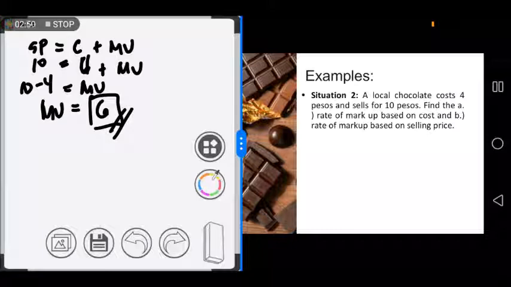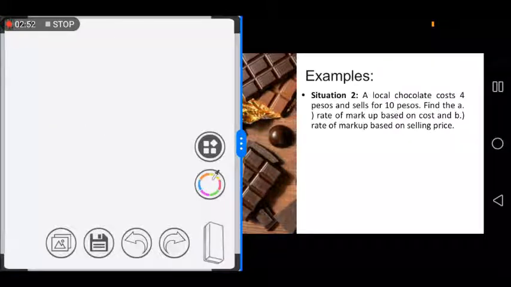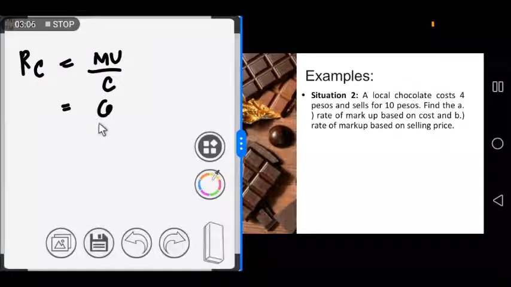Next, we will be computing the rate of markup based on cost. The formula is easy to remember: markup over cost. Our markup is 6 pesos, which we computed earlier. Then our cost is 4 pesos.